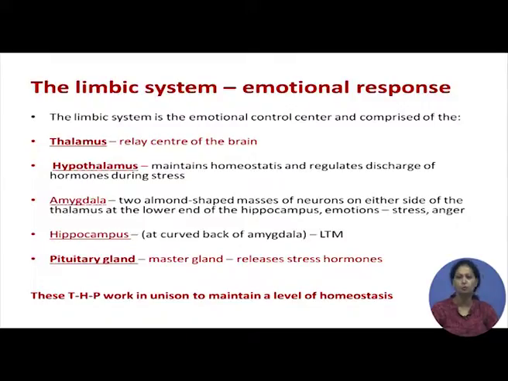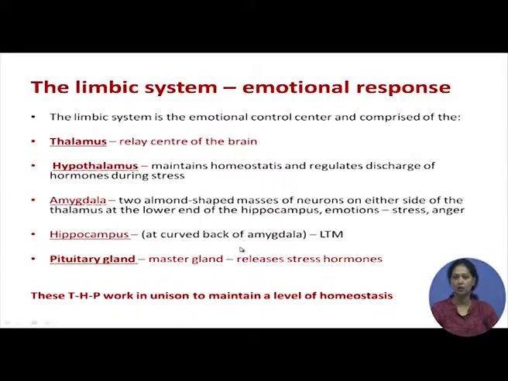We will study the role of the hypothalamus in stress in detail in the next section, but as for now we will see that the hypothalamus maintains homeostasis and regulates discharge of hormones during stress.